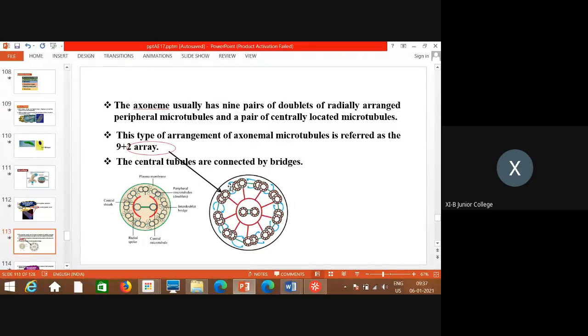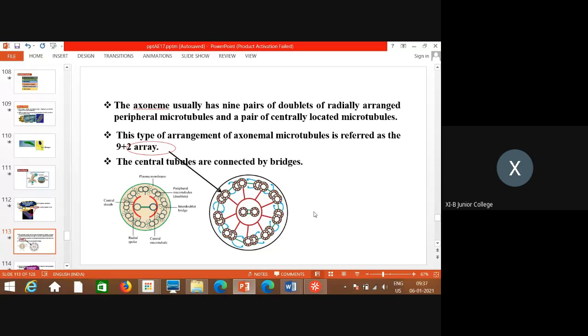Also, each doublet is connected to the next by bridges. Then the peripheral ones are connected to the central one by these spoke-like structures, right? So this is the ultrastructure of a cilium or flagellum, called the 9 plus 2 array.